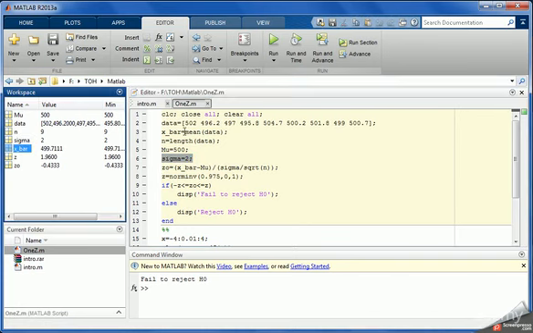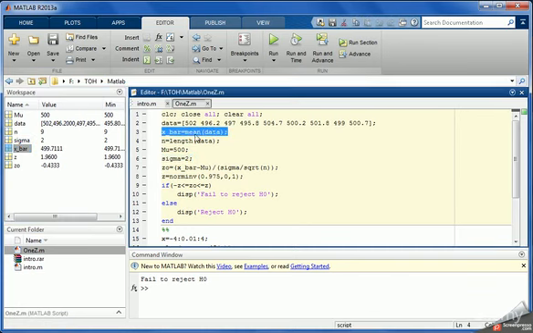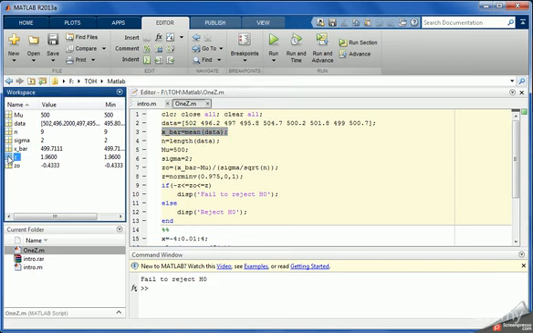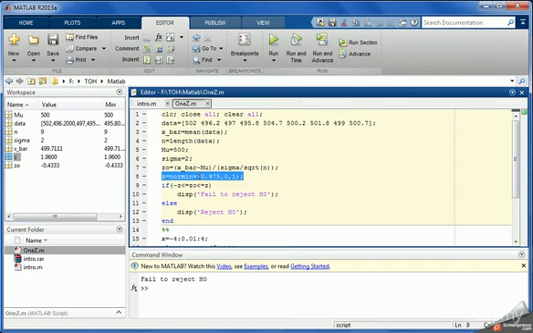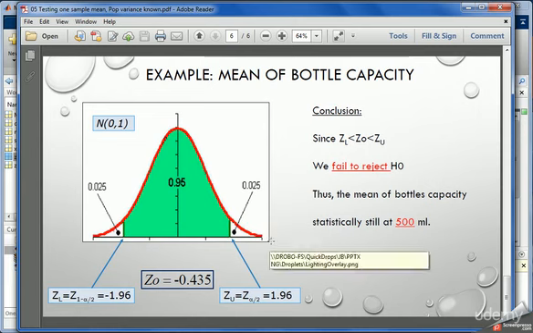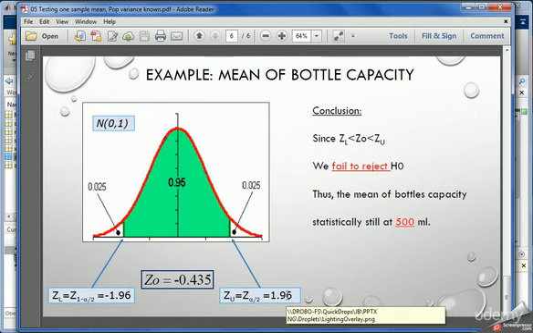We have x bar already calculated by Matlab using the command mean of data. We have z here. This is the critical value from the standard normal distribution. So now z is 1.96, the same as we have seen from tables before. This is 1.96. Also to the left we have minus 1.96.